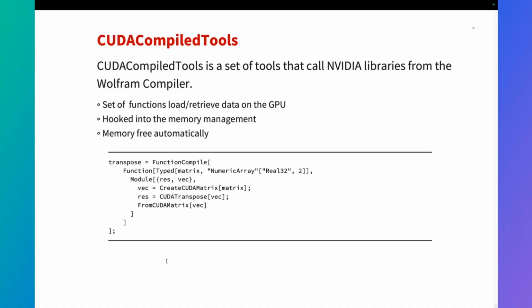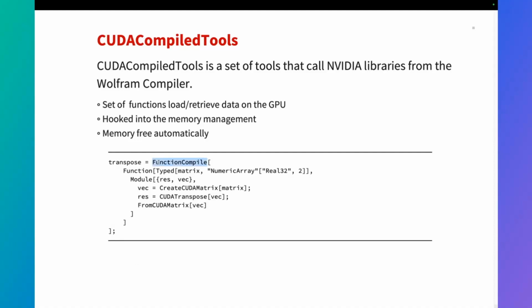So CUDA compile takes advantage of that, but it also sets up all the loading and retrieval of data on the GPU and does the memory management for you, from creating to cleaning up the objects you create.